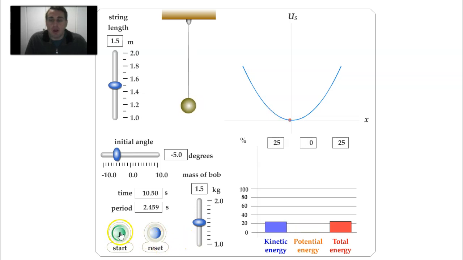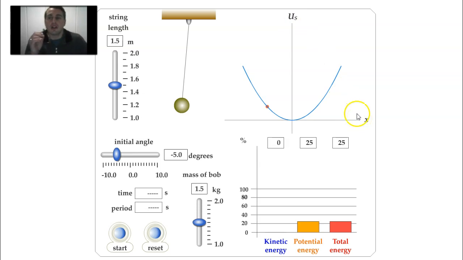Notice that anywhere we go on this graph, the negative slope of the potential energy versus x is going to be the gravitational force, because the slope of the potential energy versus x graph, the horizontal spatial derivative of potential energy with respect to x with a minus sign, is going to be the force of gravity that takes the pendulum bob down gradient.